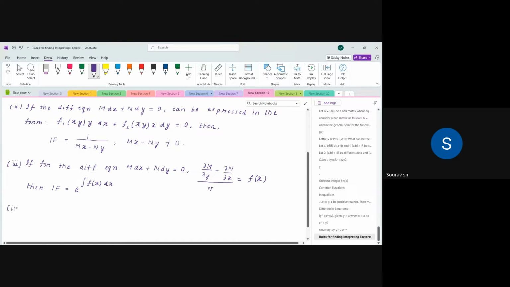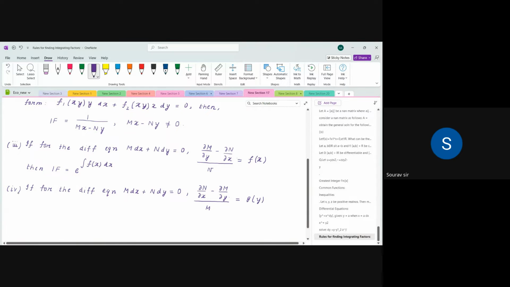Point number 4, if for the differential equation M dx plus N dy is equal to 0, (del N by del x minus del M by del y) divided by M is just some function of y, then the integrating factor will be e raised to the power integration g(y) dy.